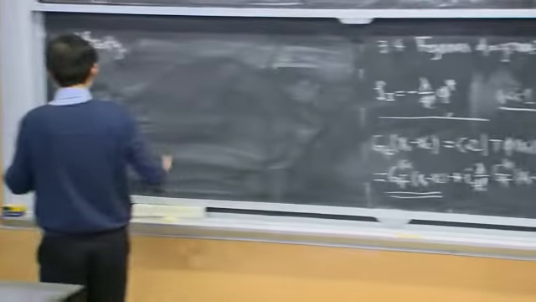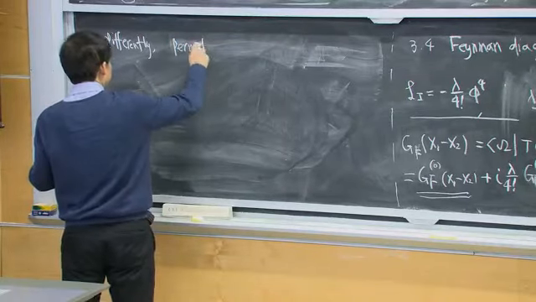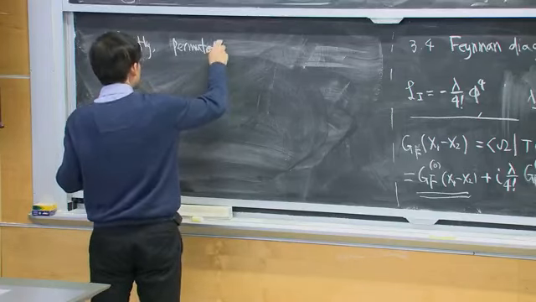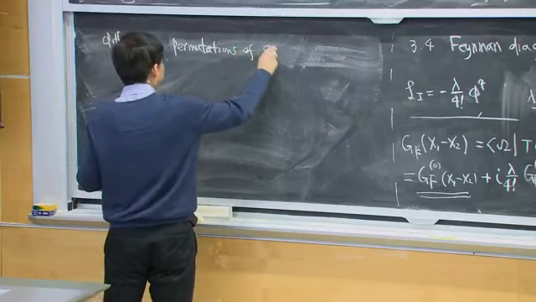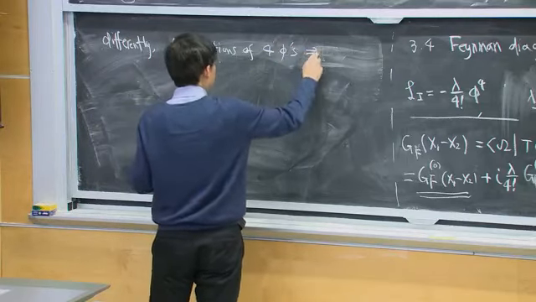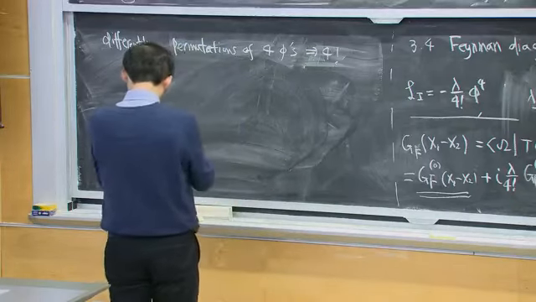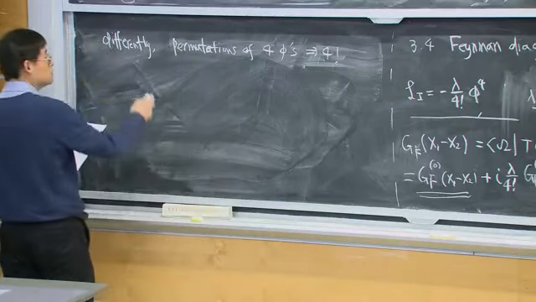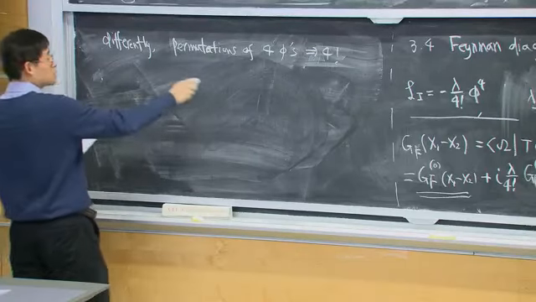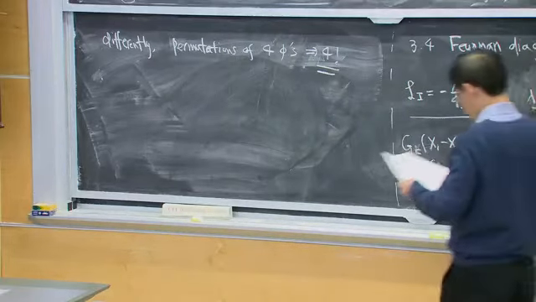The permutation of the four phis then leads to 4 factorial. So this 4 factorial again cancels with the 4 factorial from the vertex.